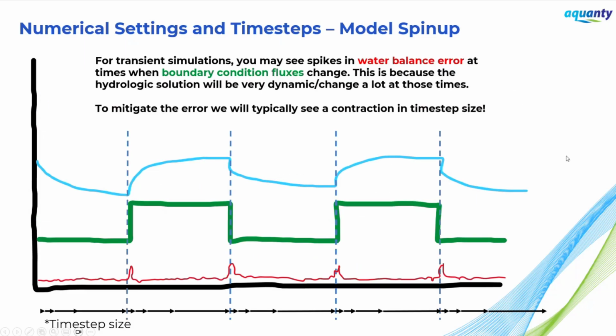But then you might get into a situation where you need to run transient situations, like a transient simulation where you have boundary condition forcing data, this green line, that changes maybe on a monthly or a weekly or a daily basis. These boundary condition times where boundary condition changes also play into the concept of target times, which we talked about before.